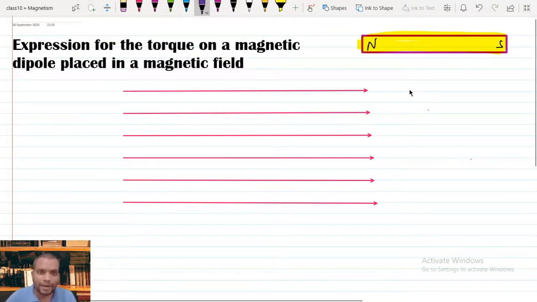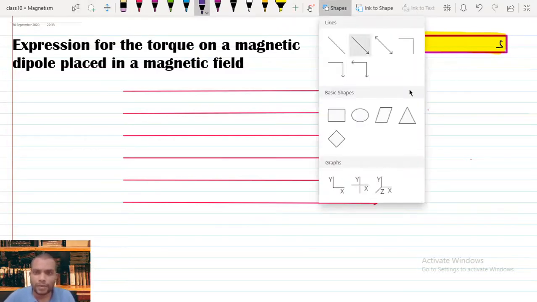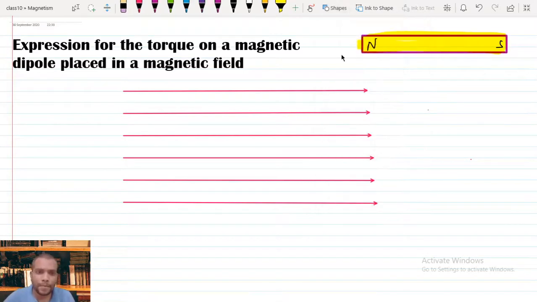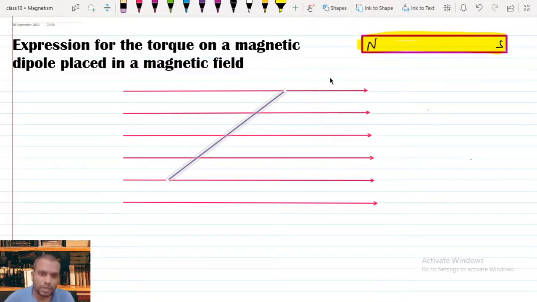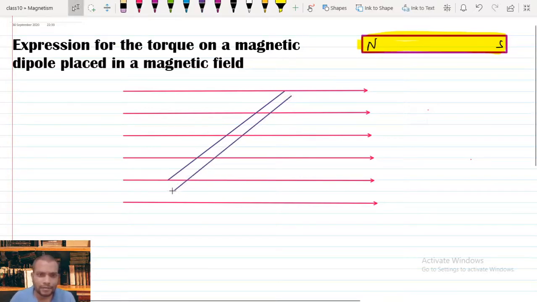In this uniform magnetic field, suppose I keep a bar magnet. This time I am trying to change the shape of the bar magnet, not exactly the rectangle we usually see, but giving it a look like that of the electric dipole.